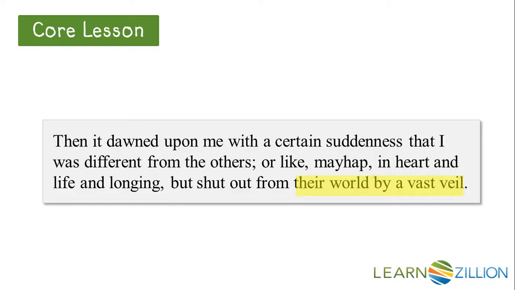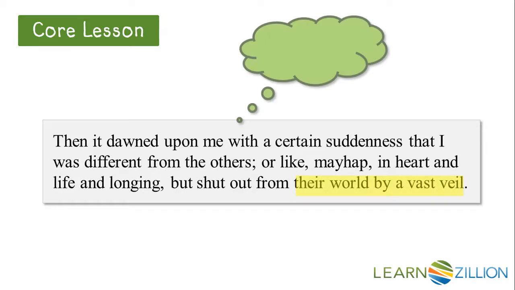So this particular section, you'll remember, takes place when he was at school and was shunned by the girl. "Then it dawned upon me with a certain suddenness that I was different from the others, or like mayhap in heart and life and longing, but shut out from their world by a vast veil." So I need to ask myself, what does this mean?